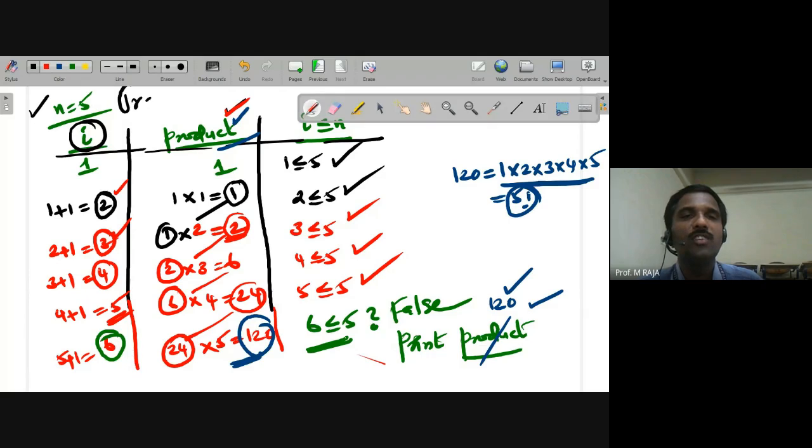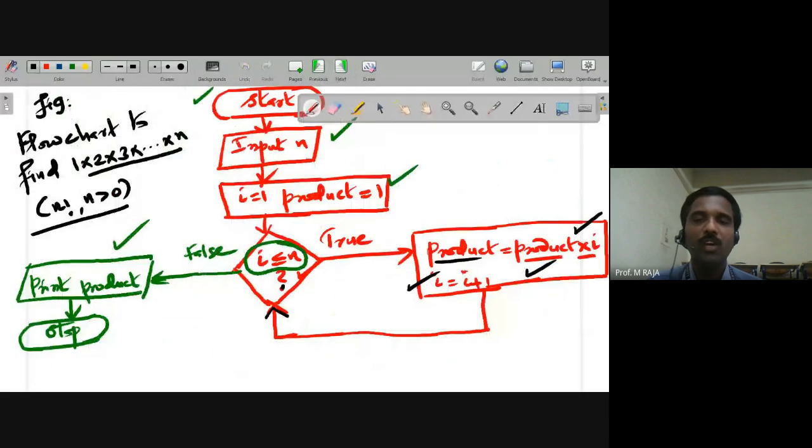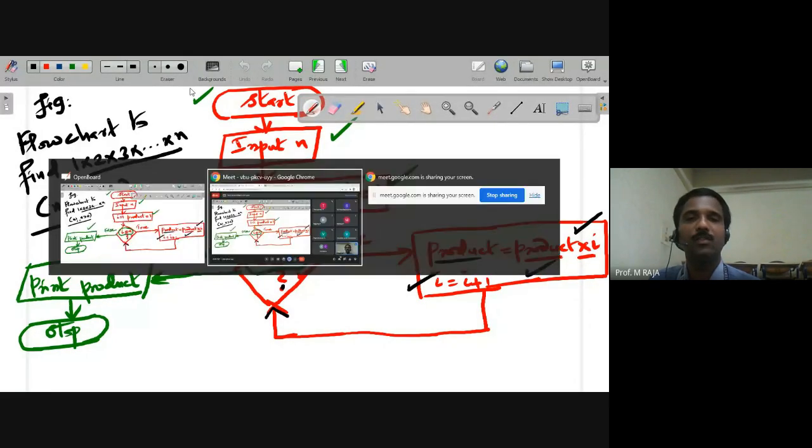That is, this is the trace. We have ensured the correctness of the algorithm and the flowchart, so that if we input n is equal to 5, 120 is the result. Putting n is equal to 6, 6 into 120, 720 is the result. So whatever the value of n, this flowchart clearly computes the value of n factorial, assuming n is greater than 0 and n is an integer.